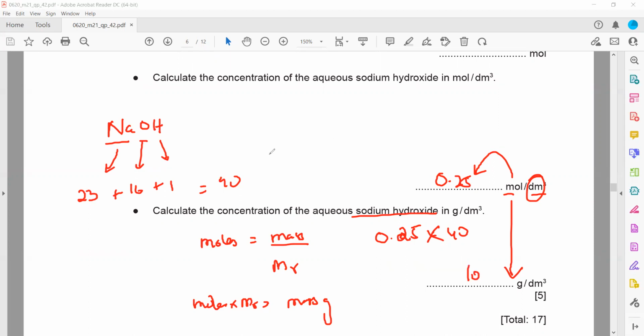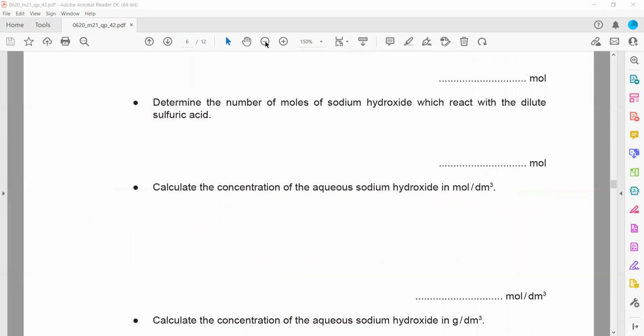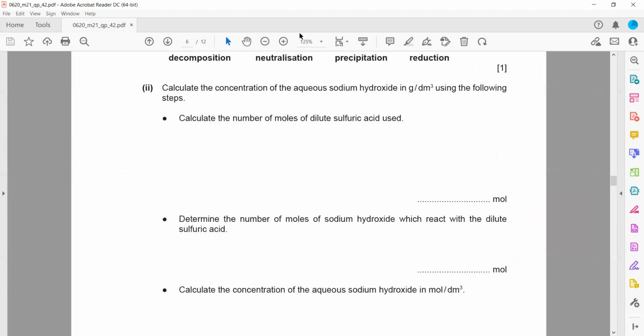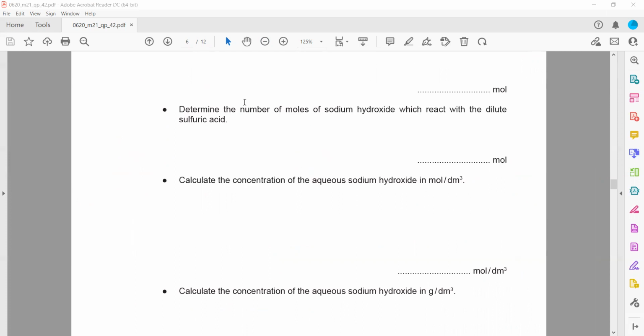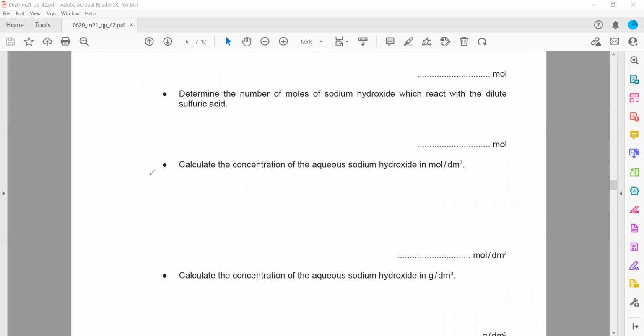Is the discussion clear? First, we got the moles by using a formula, concentration times volume. The second step we took by the ratio between sodium hydroxide and sulfuric acid. The third one, we again used a formula.